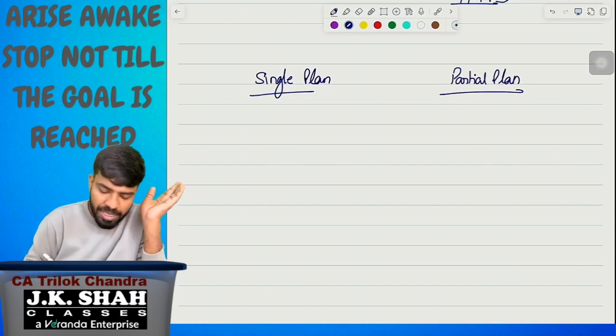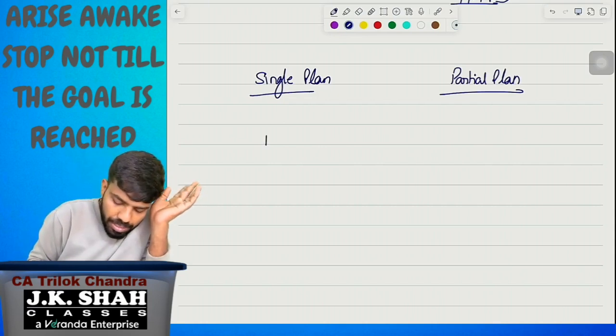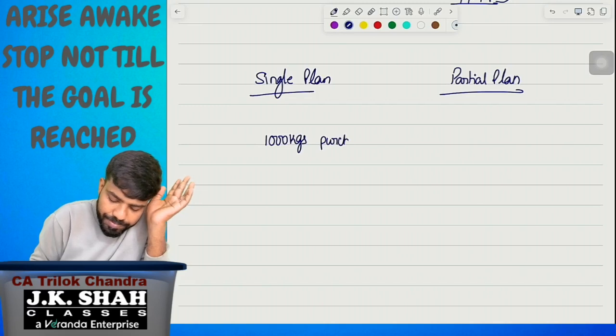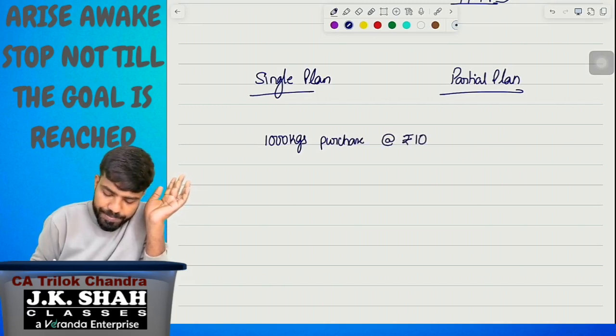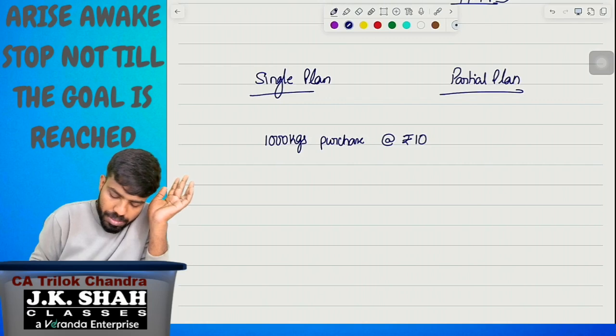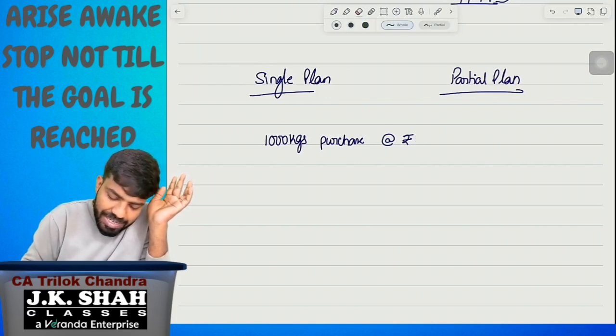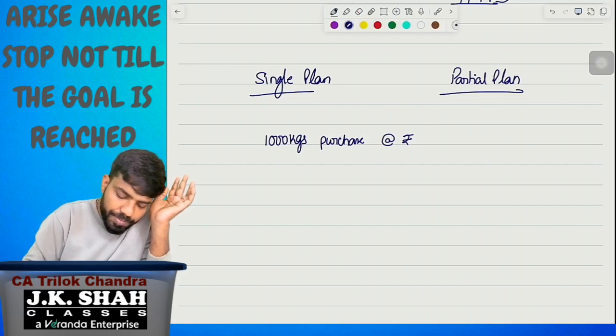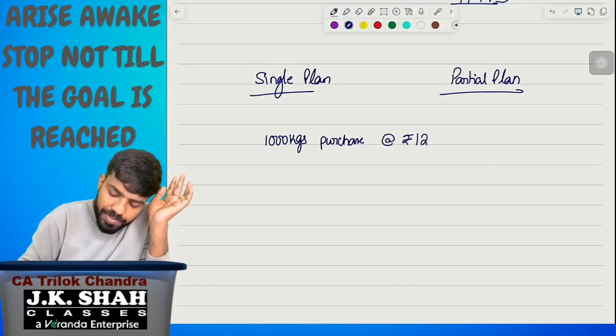Listen to me carefully. Let me take an example. 1,000 kgs purchased at the rate of rupees 12.